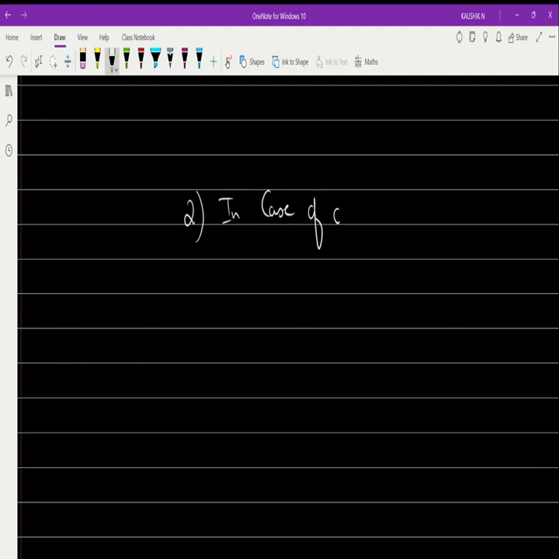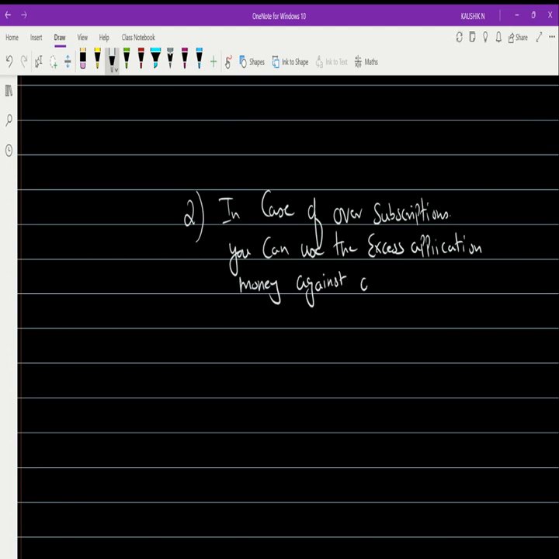In case of oversubscription, you can use the excess application money against allotment due.